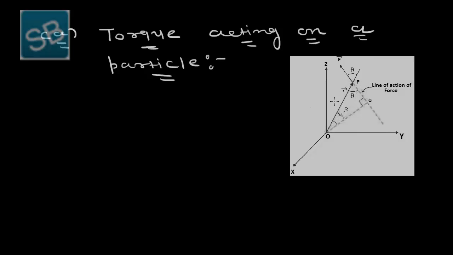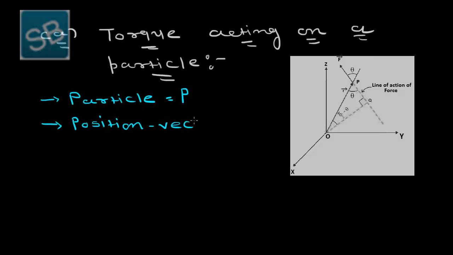So here the particle P is shown. Its position with respect to origin O is given by the position vector, small r, that is nothing but the OP vector.